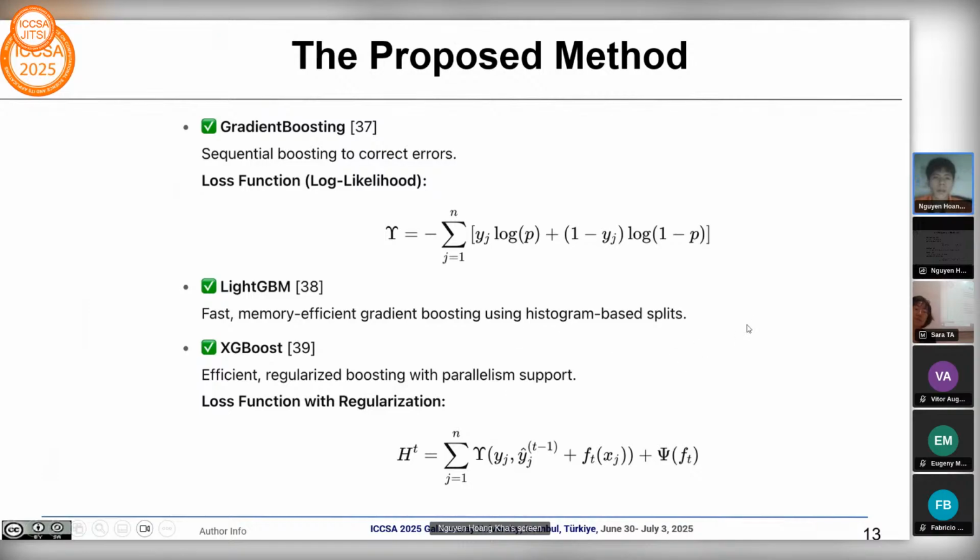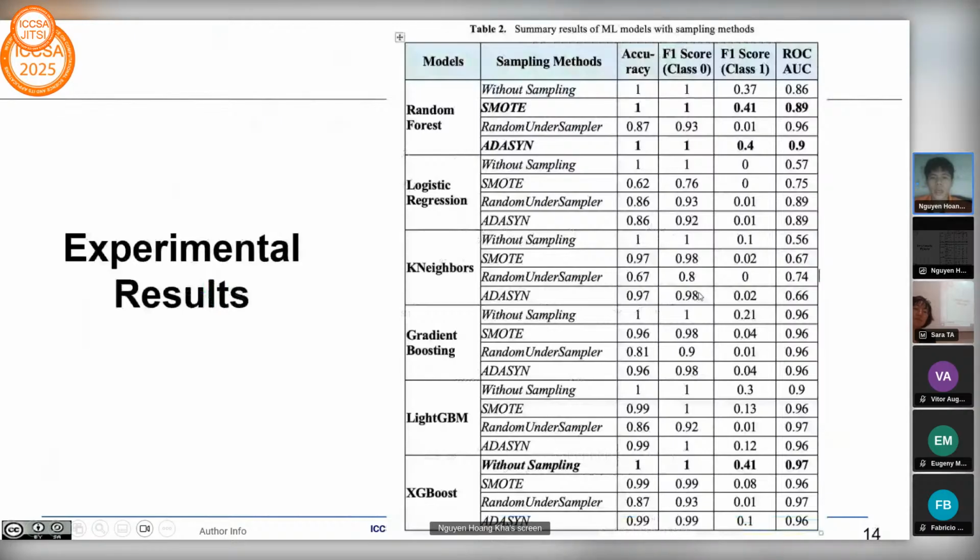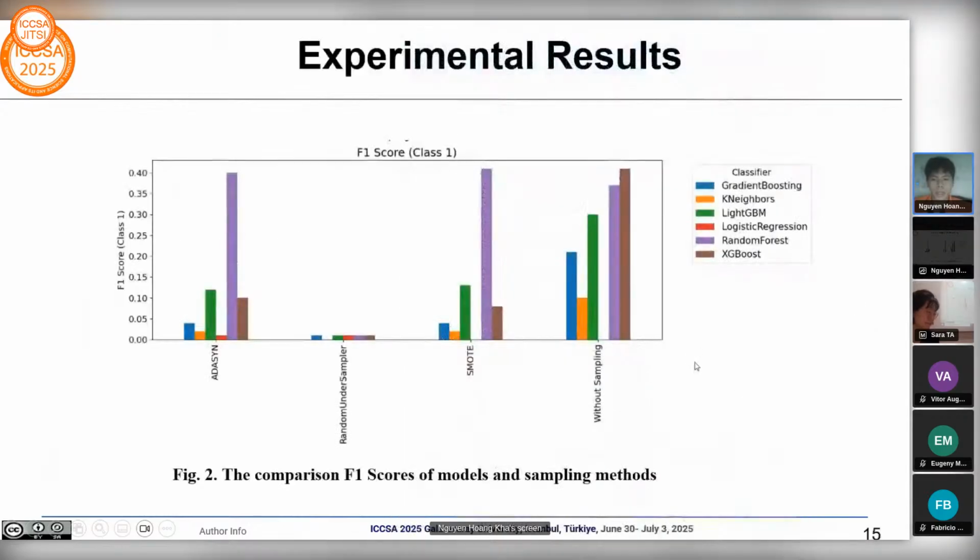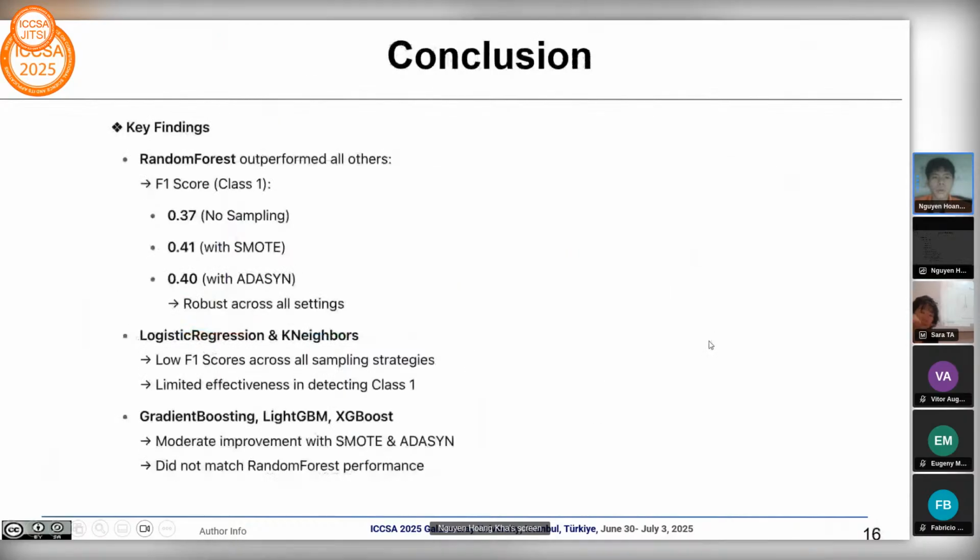About the experimental result, you can see in the table we compare the models we propose with the four sampling methods, and random forest has the highest results. Also we have a table comparing the F1 score of models and sampling methods. The key finding: random forest outperforms on F1 score.